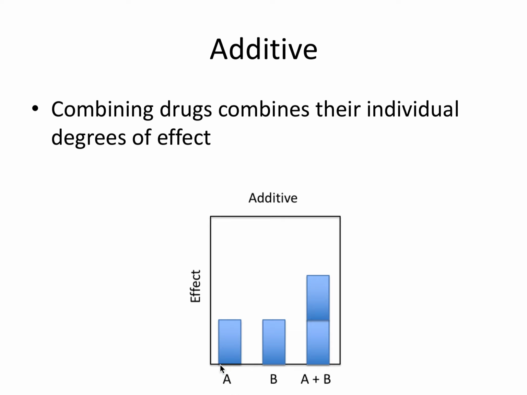So this chart's showing we have some X amount of effect with A, some X amount of effect with B, and then if we're taking both of those drugs at the same time and they're both active in our body, we're getting both of their effects summed together, and so that's an additive effect.